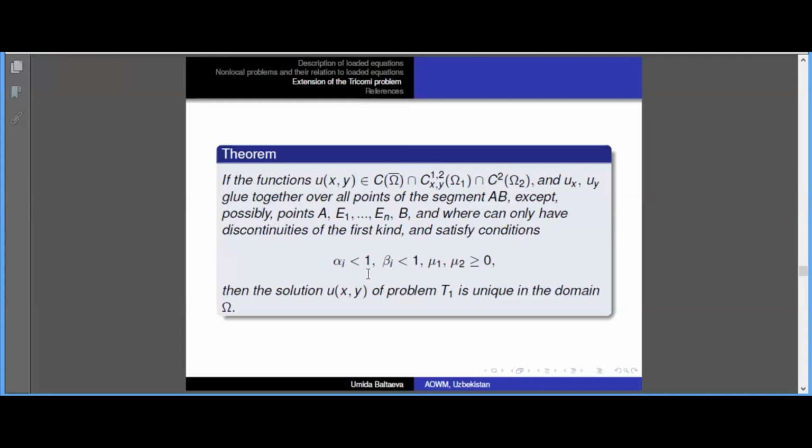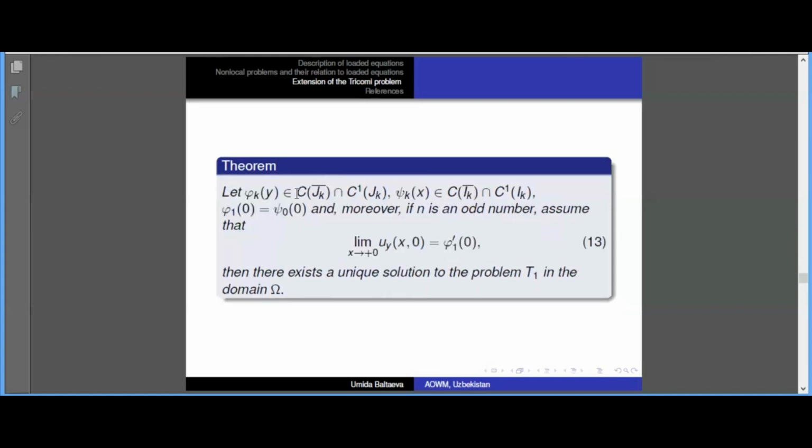This theorem we can prove using the extremum principle for the parabolic-hyperbolic mixed type equation, and of course we use the principle for the integro-differential operator.